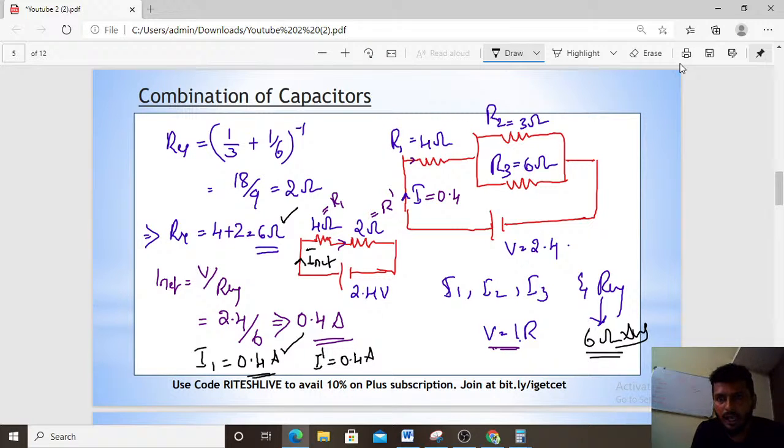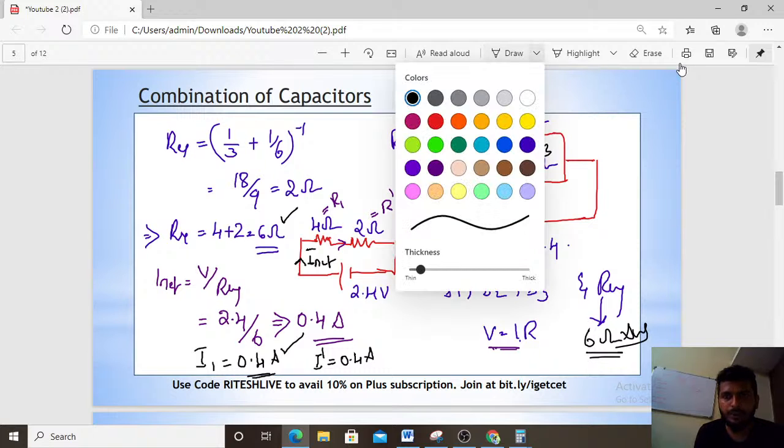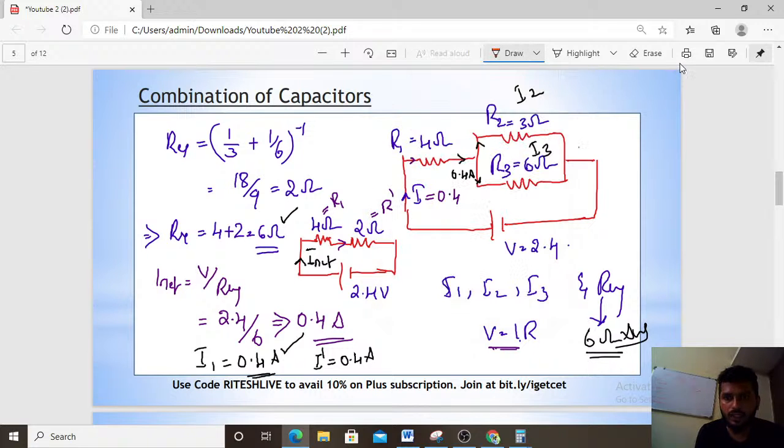I need to get I2 and I3, right? So here it will come 0.4 ampere, but it will distribute in such a way. For that, I need to draw the voltage line here. Voltage will be the same when they are in parallel.